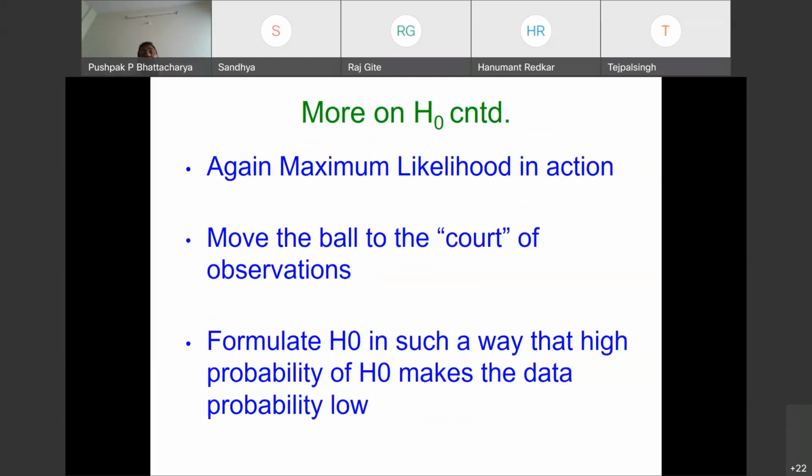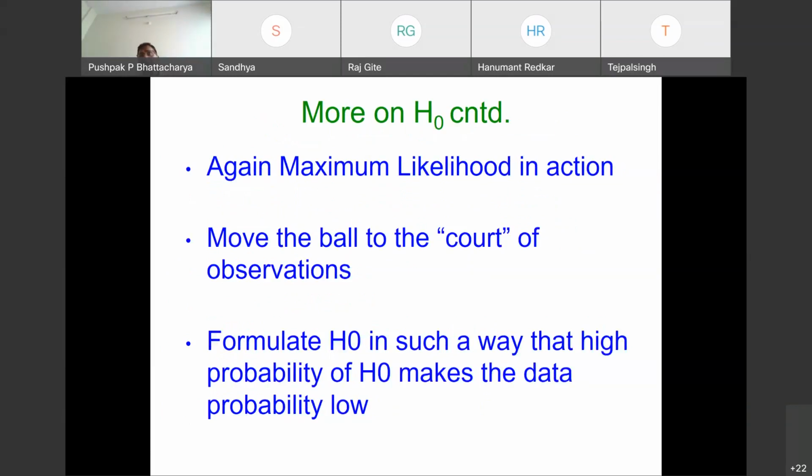So this really relates to maximum likelihood, which is really the pillar of all probabilistic methods, one of the pillars of probabilistic methods. So we move the ball to the court of observations. We formulate H0 in such a way that high probability of H0 makes the data probability low.